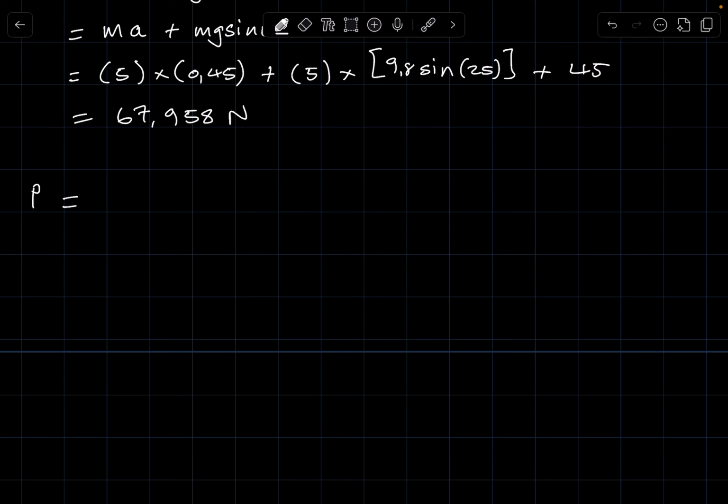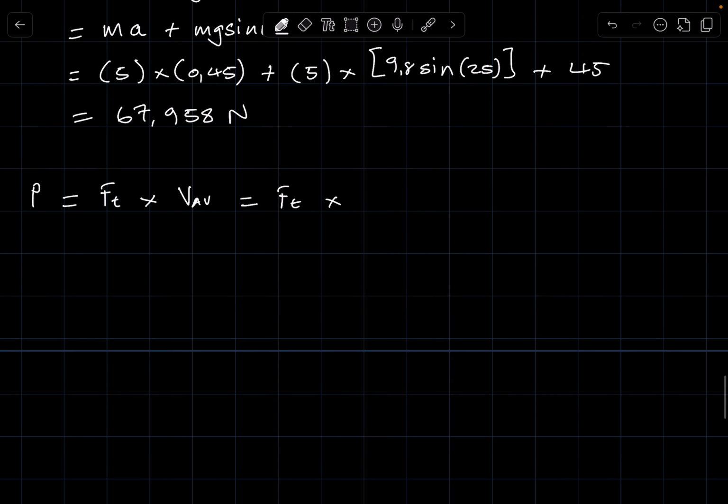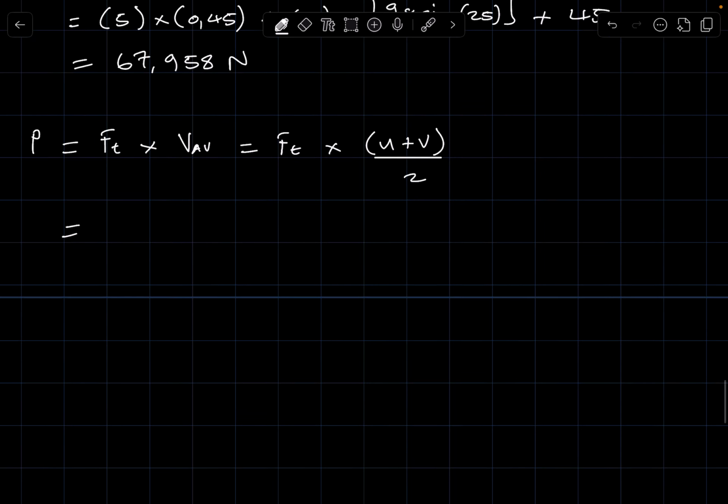Once you have your total force applied, now you can calculate the power exerted by the total force, which is Ft times the average velocity. Remember the average velocity here, because we're looking at initial and final, will be u plus v divided by 2. Then you substitute.